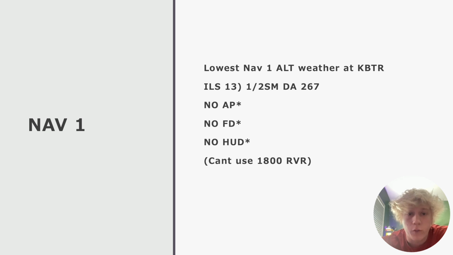So looking at the NAV1 rule, the lowest NAV1 alternate weather at Bravo Tango Romeo will be the ILS 1-3. That has half a statute mile of visibility, decision altitude 267, but we also need to look at the fact that we don't have an autopilot, don't have a flight director, and don't have a HUD, so we cannot use that 1800 RVR according to the notes there.